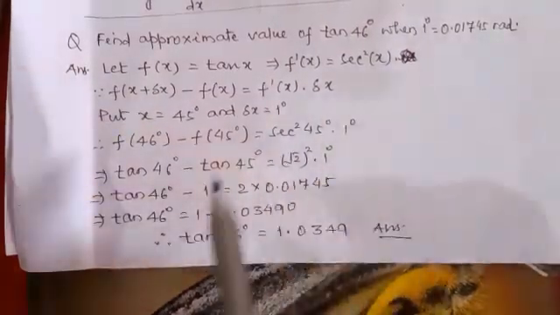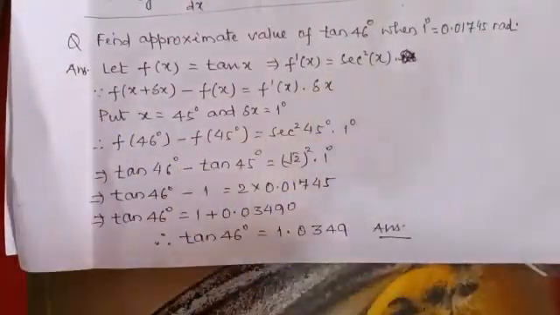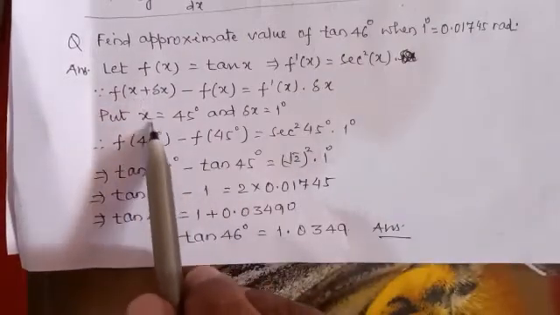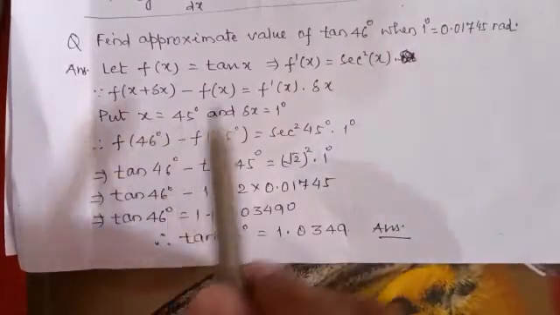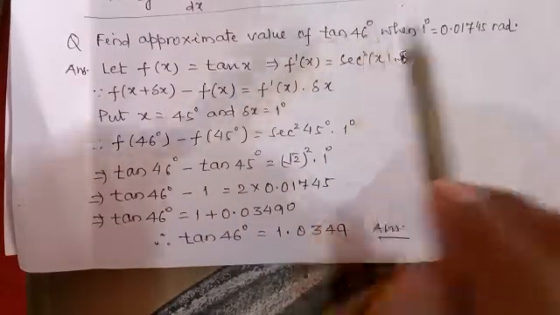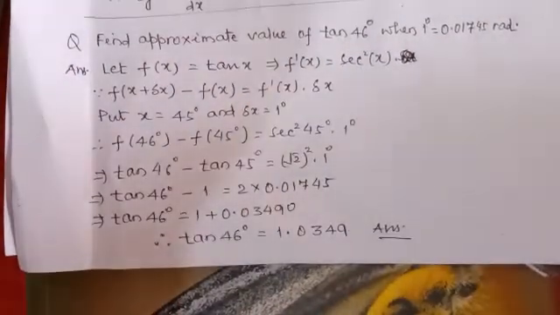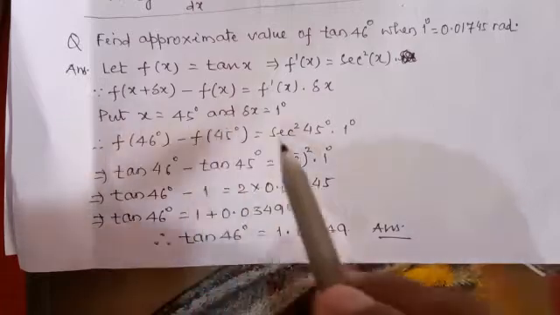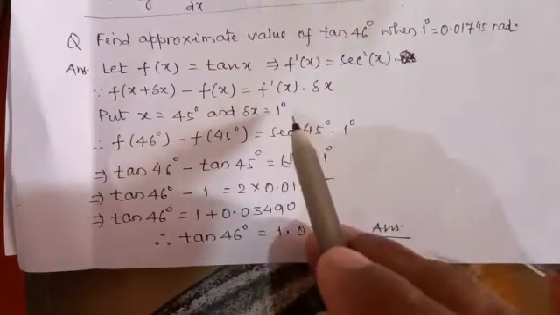Again take a suitable substitution. When x is equal to 45 degree, because 45 is nearest to 46 and we can calculate the value of tan or sec 45 degree easily. So x is equal to 45 degree, delta x is equal to 1 degree.